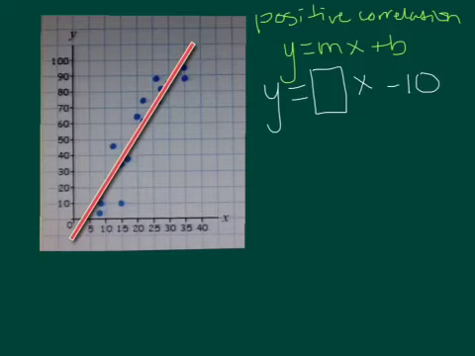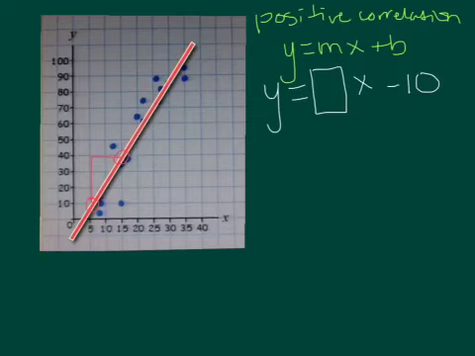So what we need to find out is what is the slope of this line. To find the slope of this line, we need to find the rise and the run. So what we're going to do is find some ordered pairs that are on this graph and just estimate the rise and run. So if we go here, it looks like it goes through down here at about 5, 10, and then it looks like it crosses again at 15, 40.